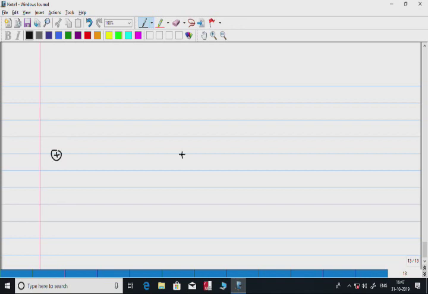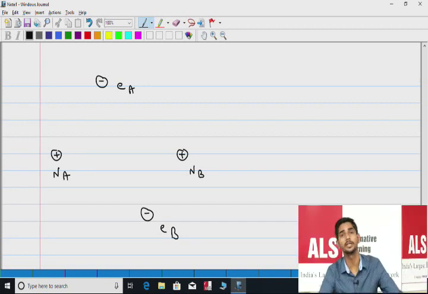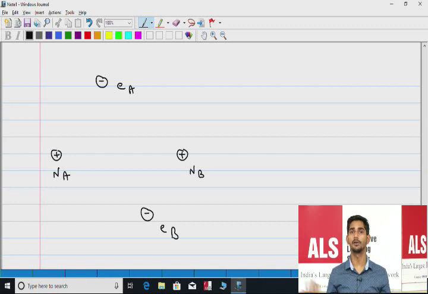Can anyone please tell me? Exactly. When attractive forces are equal to repulsive forces, guys, this is the condition where you say it is a chemical bond. So guys, a chemical bond is nothing but a state where attractive forces are exactly balanced by the repulsive forces. Okay, if these two forces are equal, you will say a system is in the bonded state.